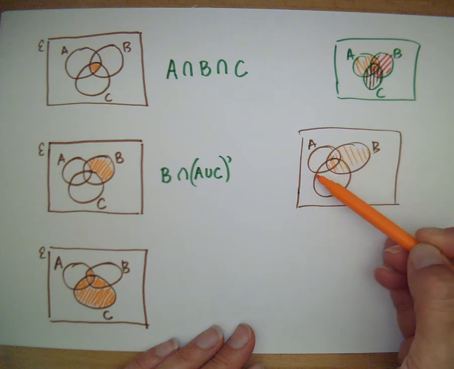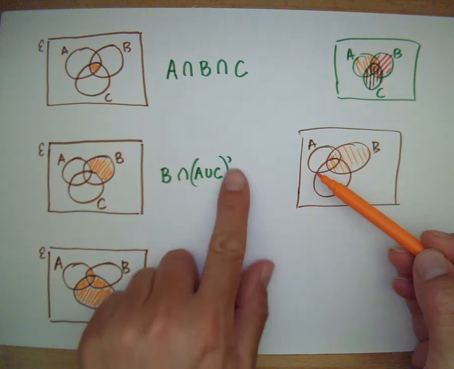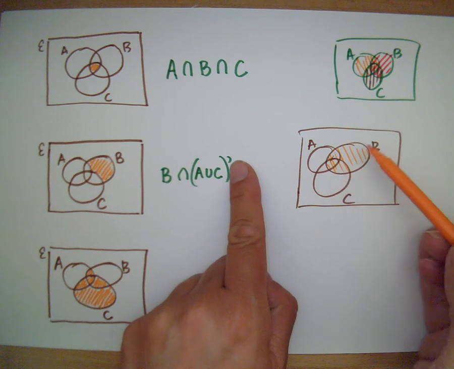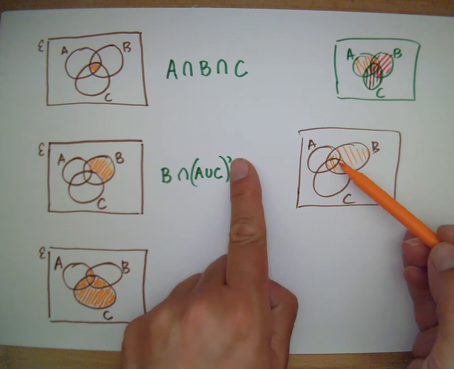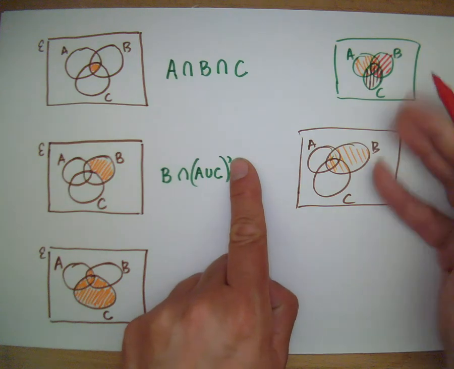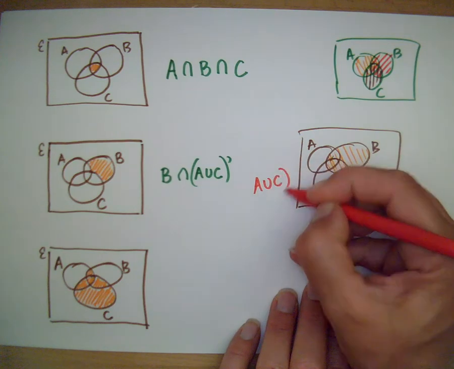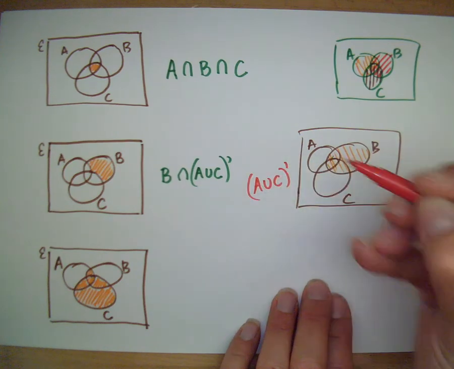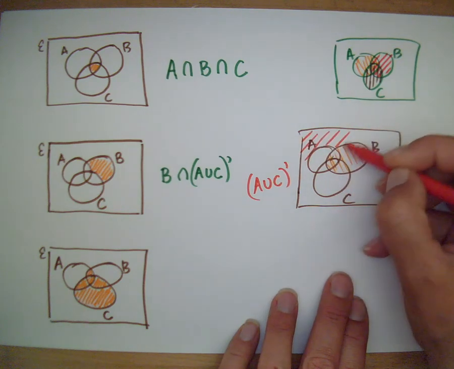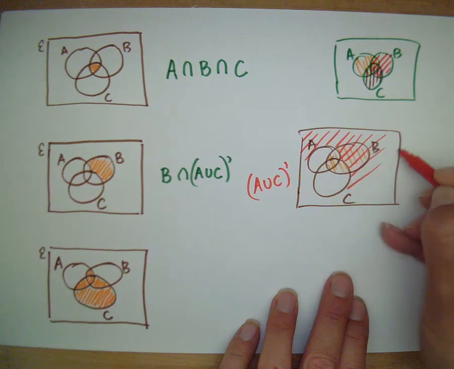That would be A combined with C. But then they're saying the complement of that. So really, it's like saying not. So everything outside of the snowman. So I'm going to color A union C not. I'm going to color that red. So everything outside of the snowman.